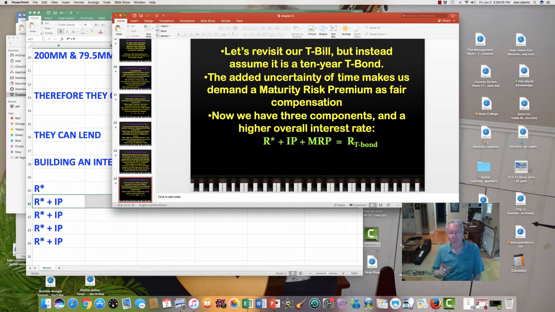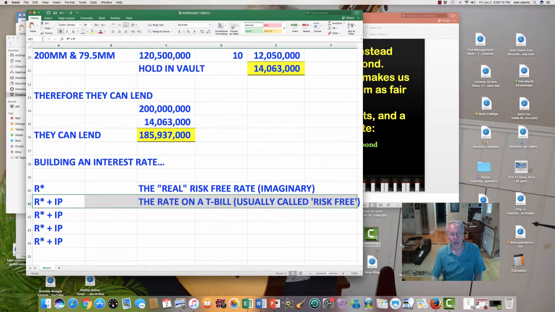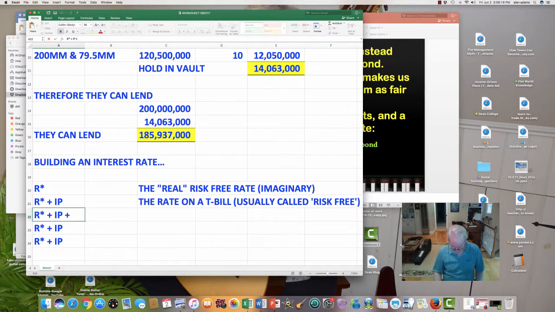So that uncertainty means you need another premium, not just the inflation premium. You need to tack onto the T-bill an MRP. So I'm going to come down here and I'm going to add an MRP, a maturity risk premium.